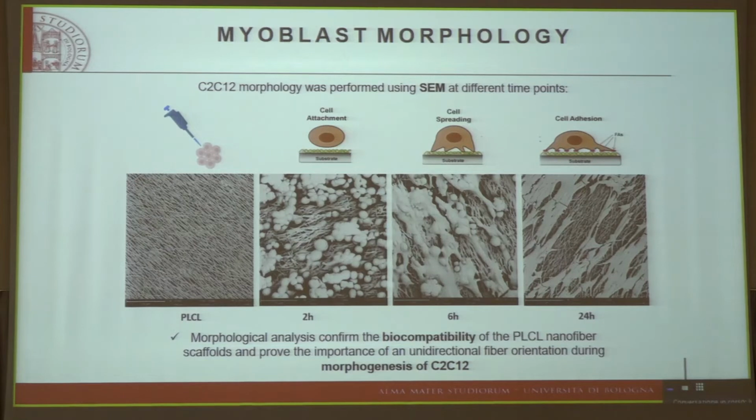Then at 6 hours, the cells start to elongate, trying to reach their natural morphology, and they are completely adhered on our scaffold. And interestingly, at 24 hours, we observe well-elongated cells, and the elongation followed the nanofiber direction.